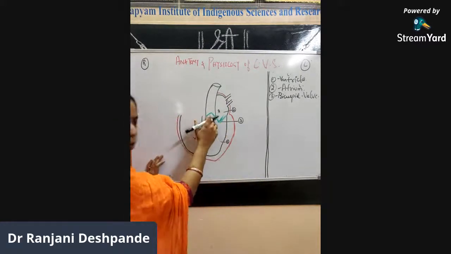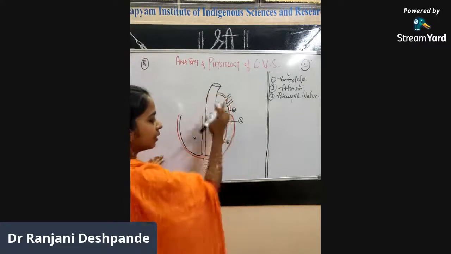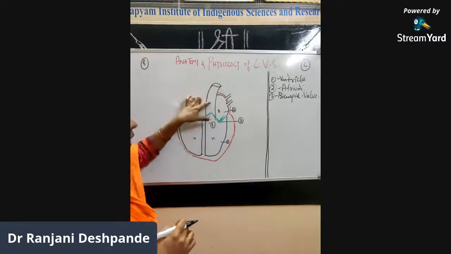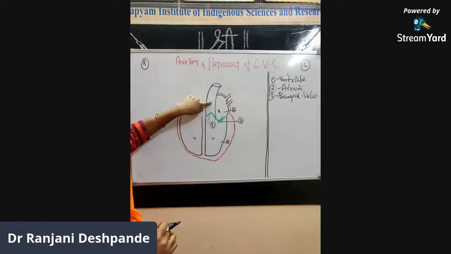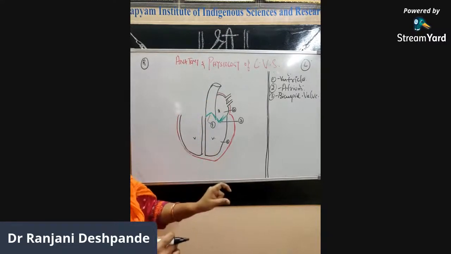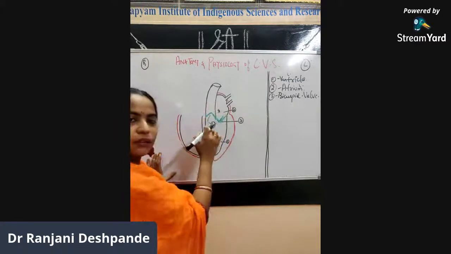Now the next valve that we saw facing upwards is number 4. This is the valve between the aorta and the ventricle. This large vessel that is leaving the left ventricle is the aorta. So this is called the aortic valve, the left aortic valve. It is also referred to as a semilunar valve, so it is called the aortic semilunar valve.